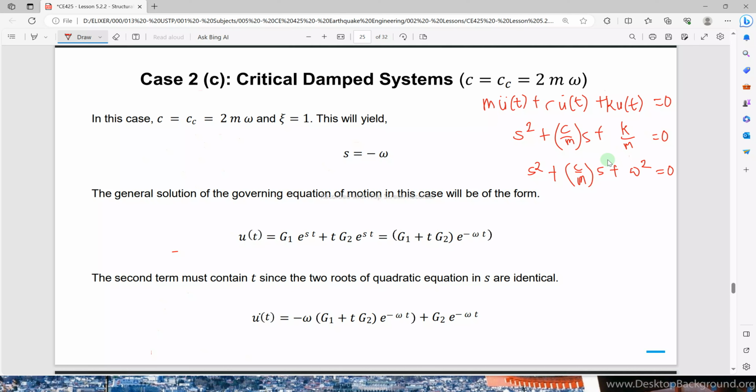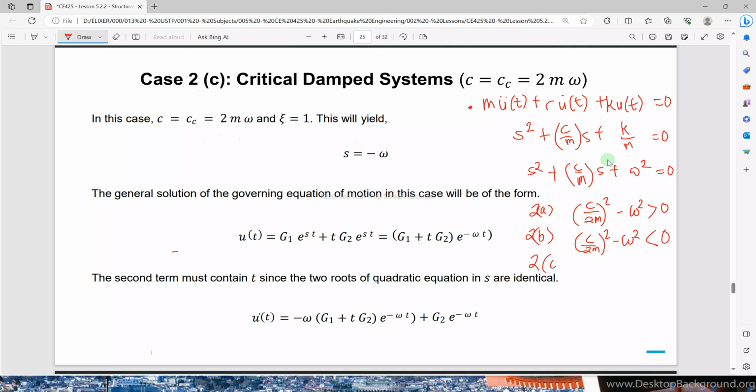So the roots of this auxiliary equation to the equation of motion have three distinct cases. First, we have 2a, when the determinant, c over 2m squared minus omega squared, is greater than 0. The second case is when the determinant c over 2m squared minus omega squared is less than 0.